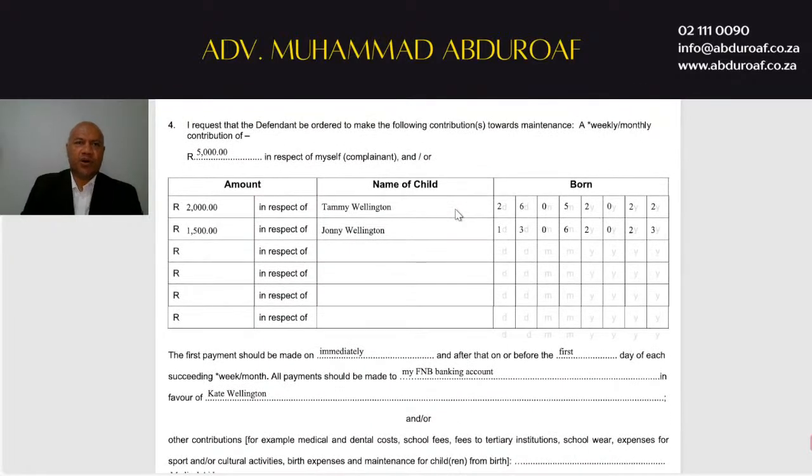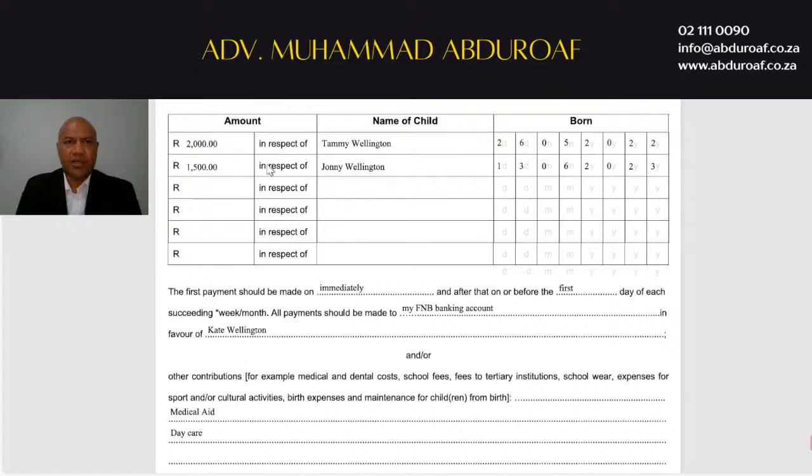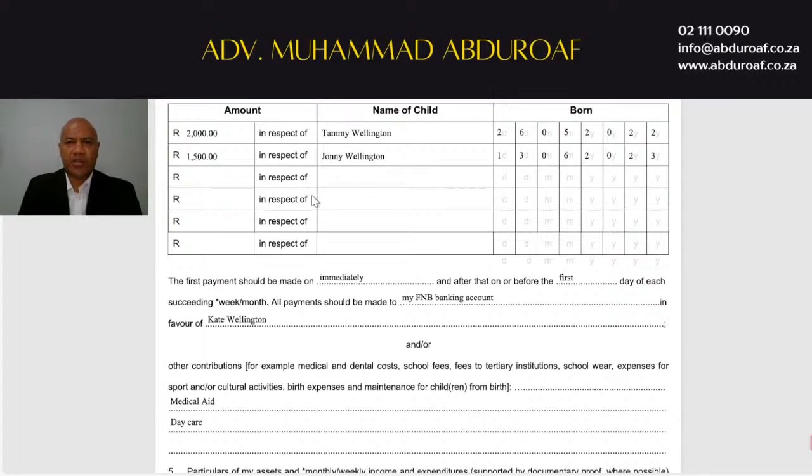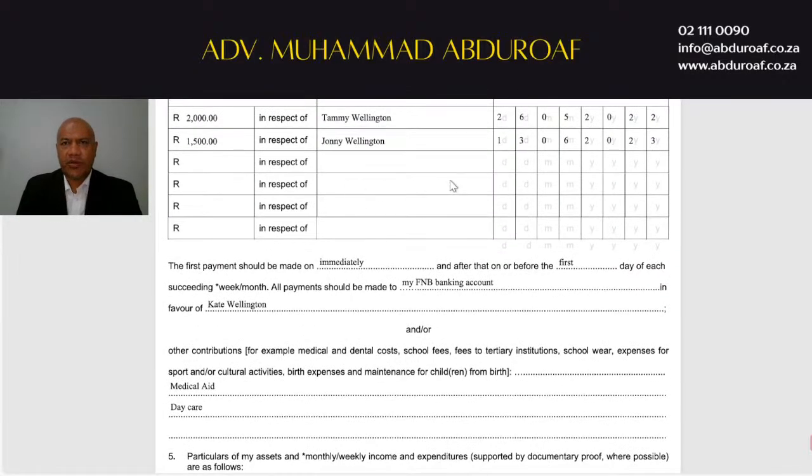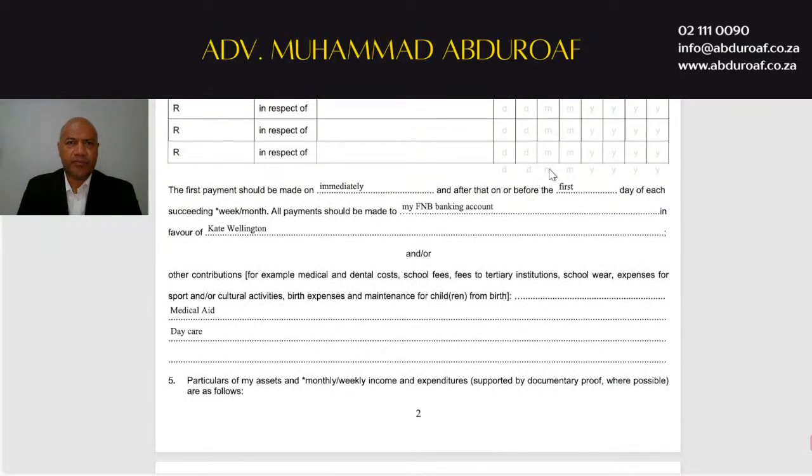And in the fourth part, you deal with the amount you are claiming. In this example, the wife and mother is claiming 5,000 Rand for herself and 2,000 and 1,500 Rand for the minor children. You obviously have to insert the details in the section.